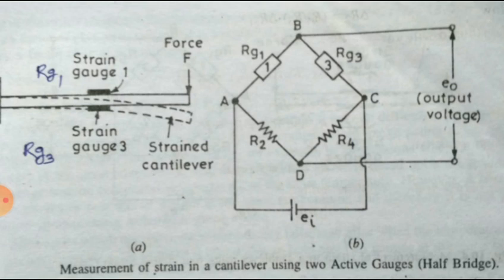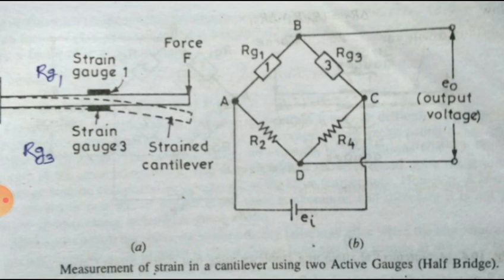Therefore, there is an increase in the resistance of strain gauge RG1 due to tension, and a decrease in the resistance of RG3 due to compression.